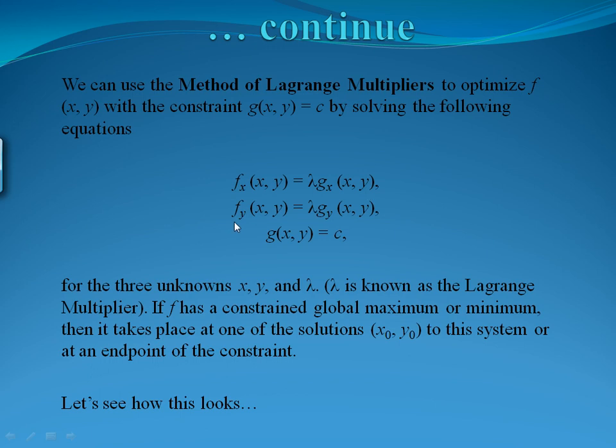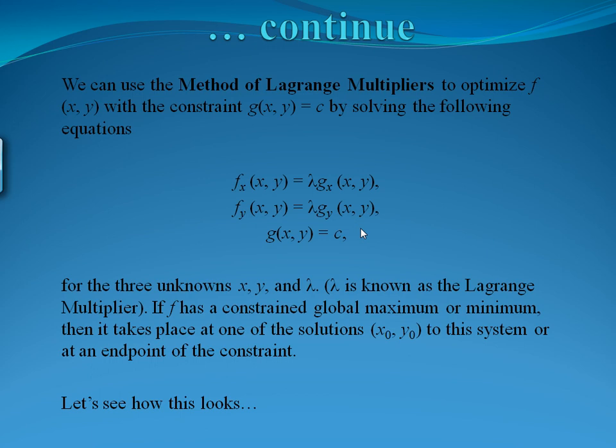We also want to satisfy that the partial derivative with respect to y of our function should equal lambda times the partial derivative with respect to y of our constraint, and we need to satisfy our general constraint. So that means we're going to have three unknowns, x, y, and lambda, and we want to solve for each of these. If f has a constrained global maximum or minimum, then it's going to take place at the solution of these three equations.